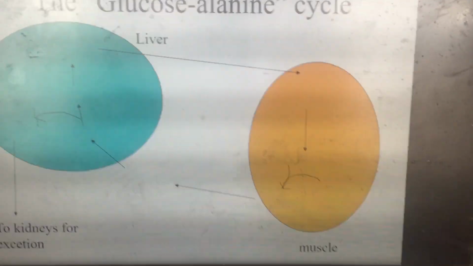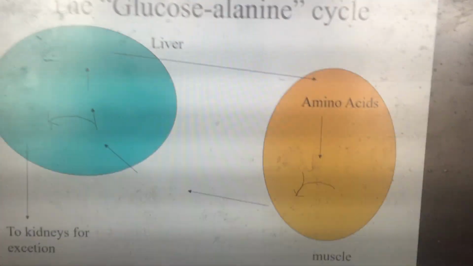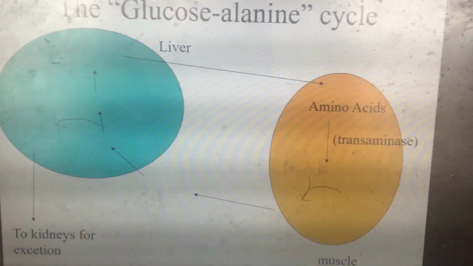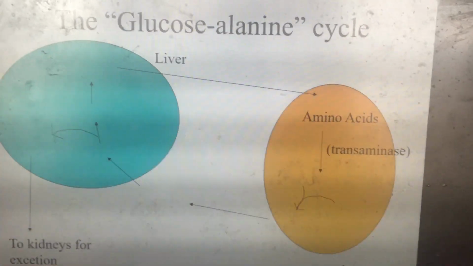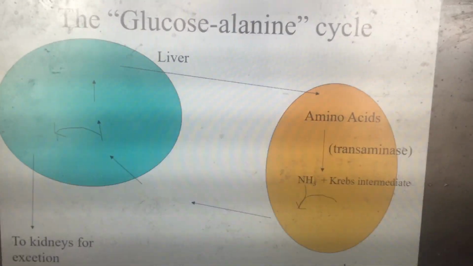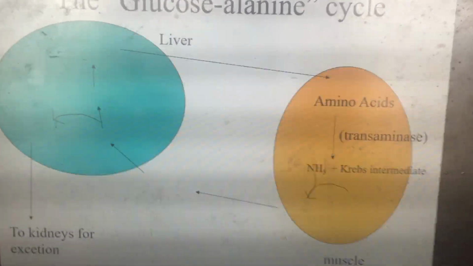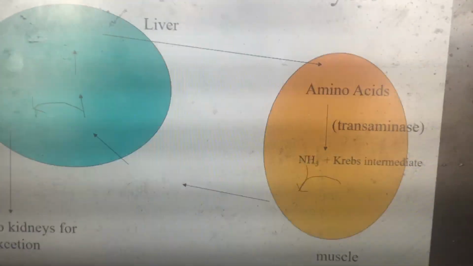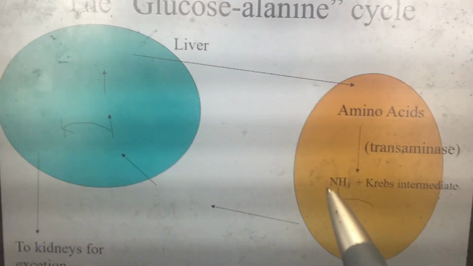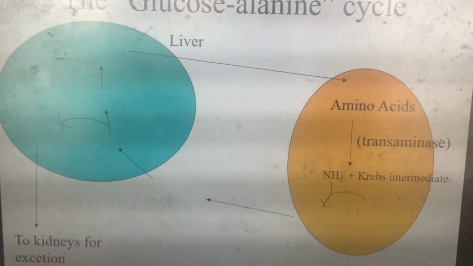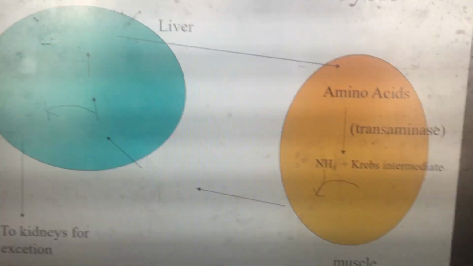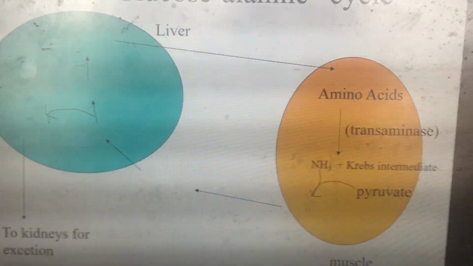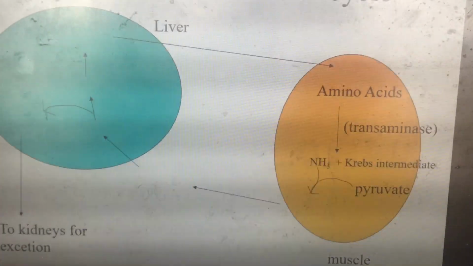So within your muscle, you have amino acids that are from protein breakdown. As I mentioned, you can get this transaminase enzyme working on them to remove the NH3. The amino acid can enter the Krebs cycle. Now, as I mentioned before, that NH3, when it builds up in the muscle, it tends to be toxic. And so it has to be carried out of the muscle. It combines with pyruvate, which comes from the breakdown of glucose.